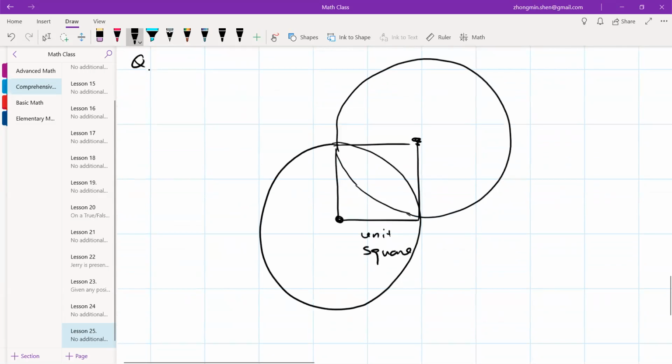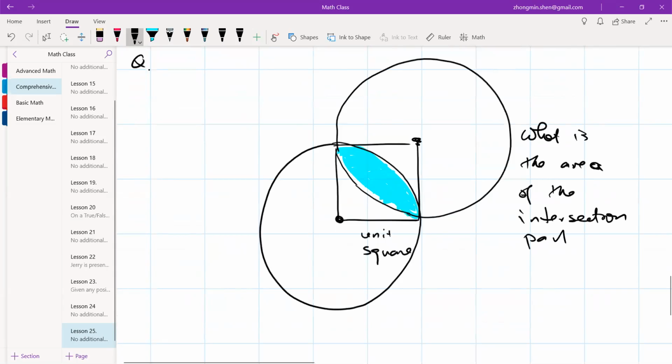So that should be two congruent circles. My question is, what is the area of this region? The intersection part.